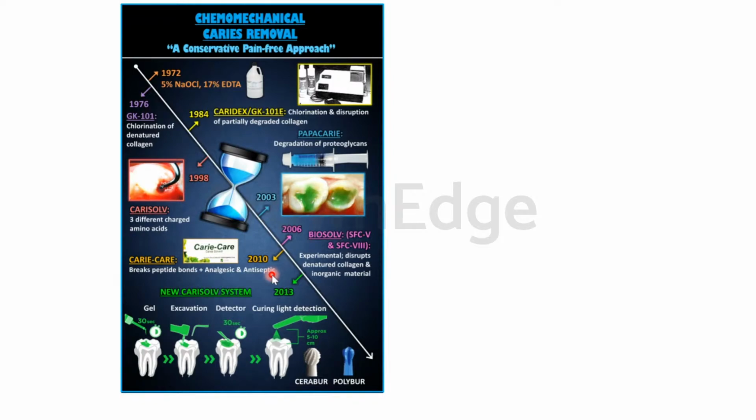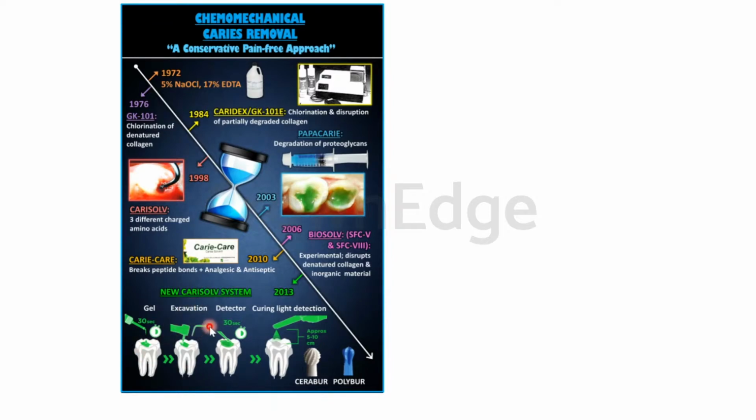So the new Carisolv system is an upgraded system to the previous Carisolv. The previous Carisolv had a gel, and it had to be used with hand instruments. Now the new Carisolv system came with its own set of specialized hand instruments for cutting: spoon excavators, other hand excavators with blunt cutting angles, and some tissue preserving burs. The gel had to be placed for 30 seconds in the cavity, followed by excavation.